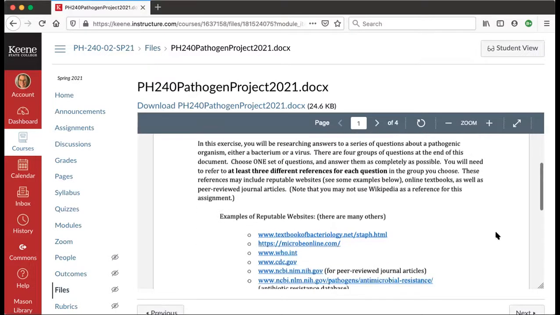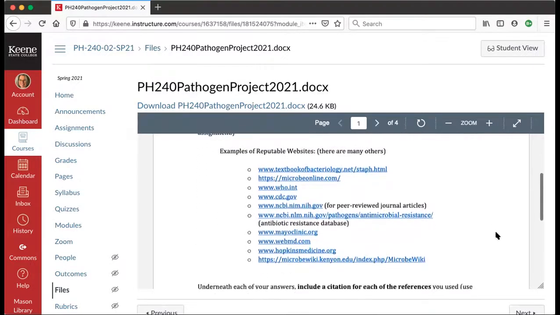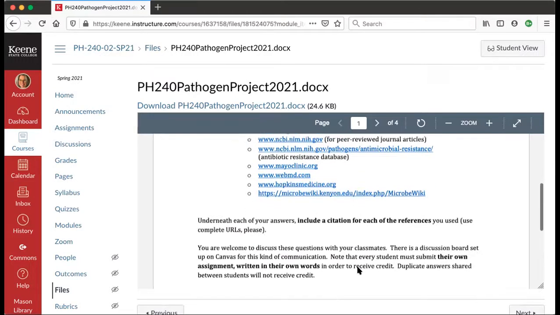And when you start looking for information, I've given you a list of good places to start. You can certainly use other websites. You can use your textbook. You can use any other source material that you find helpful. But I've given you a nice list here of some reputable, well-maintained websites that you're welcome to use as you do your research.